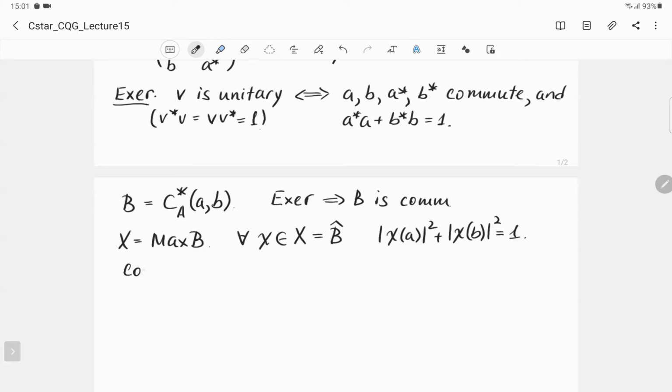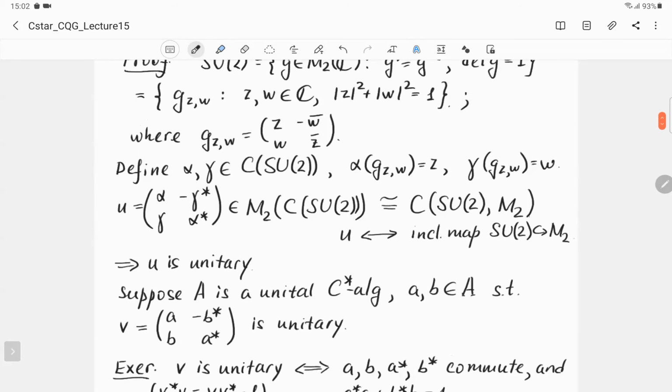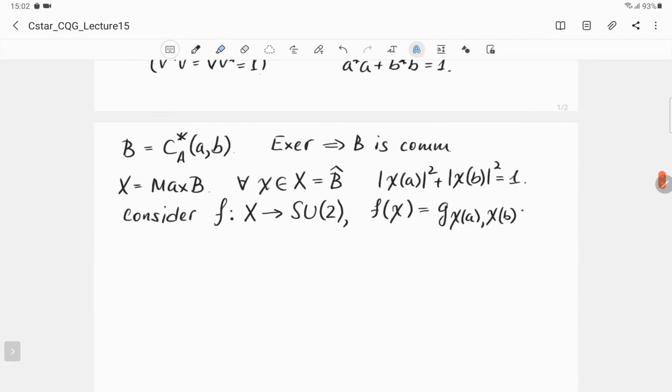Let's denote it by f, from X to SU2, which takes each character chi to the matrix corresponding to the pair chi of a and chi of b. So this is the explicit form of our matrix. We substitute chi of a here and chi of b here, and this will be a matrix in SU2. And it's more or less clear that this map is continuous.